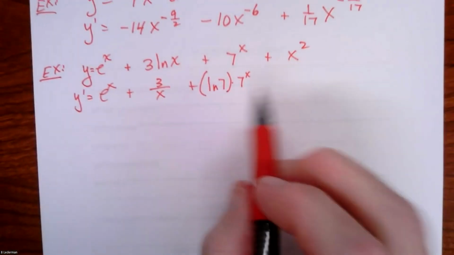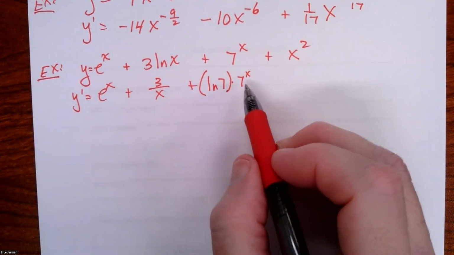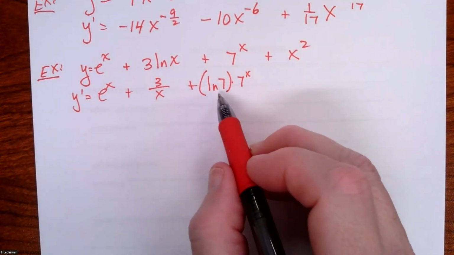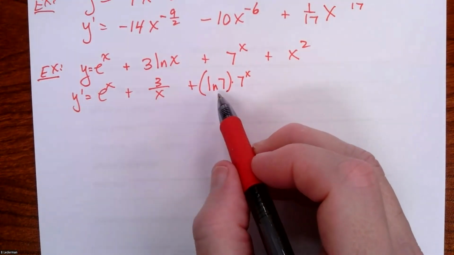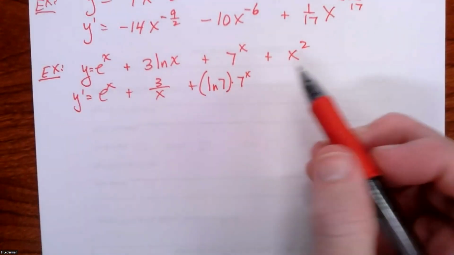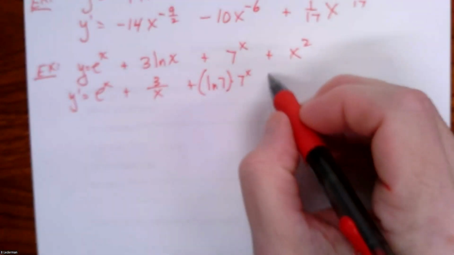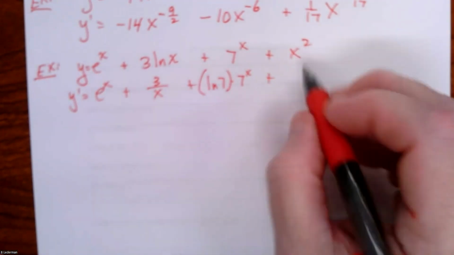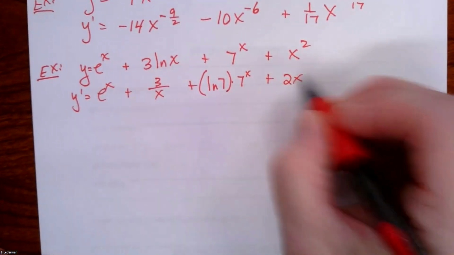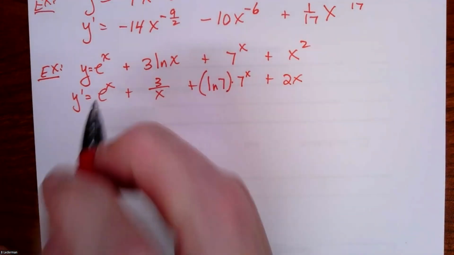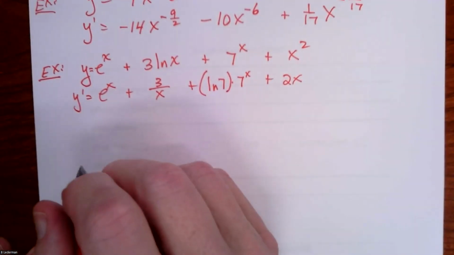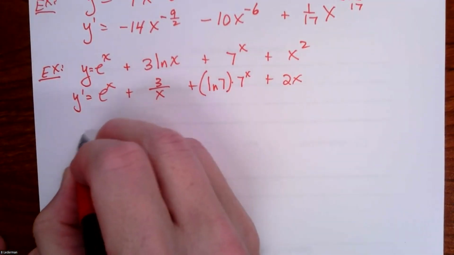I just want you to realize it's not the ln of 7 times 7 to the x. It's the ln of 7, which is a constant number you could get in your calculator, times 7 to the x power. And the derivative of x squared is 2x. And there you go.